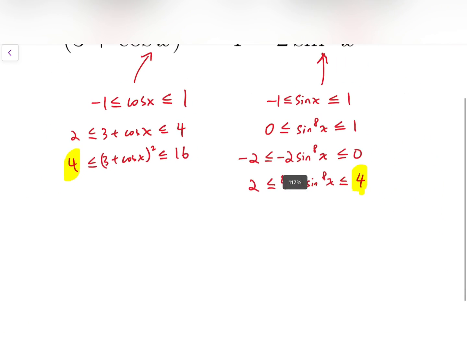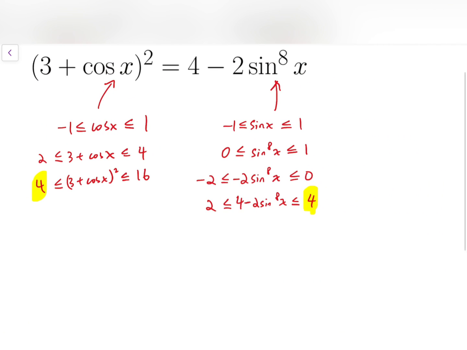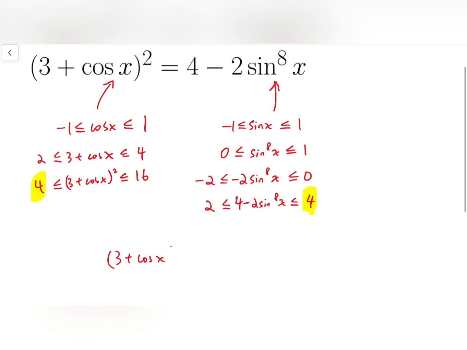Now that means to solve this equation, I need both (3 + cos x)^2 to be equal to 4, and at the same time 4 - 2 sin^8 x to be equal to 4.